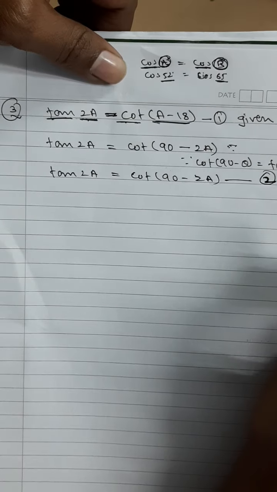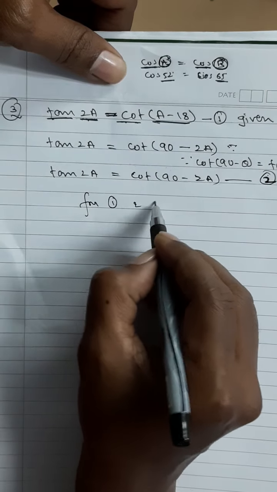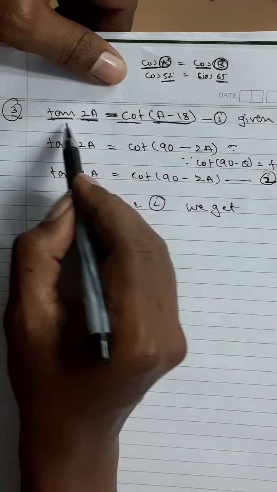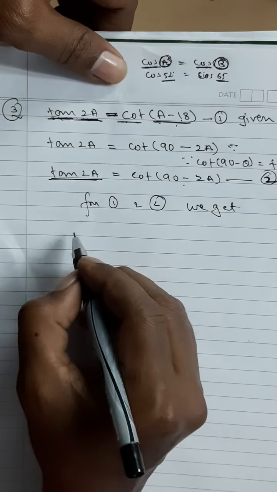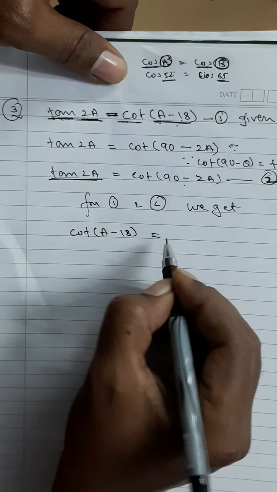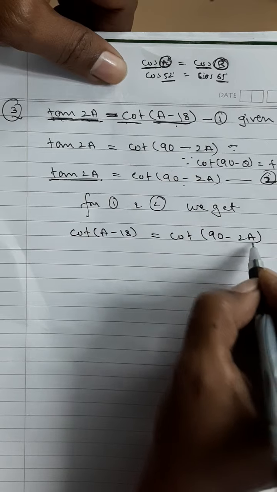This is 2. So now from 1 and 2, what do we get? This is even more easy. This is tan 2a, this is also tan 2a. These both are going to be equal. Cot a minus 18 is equal to cot 90 minus 2a.